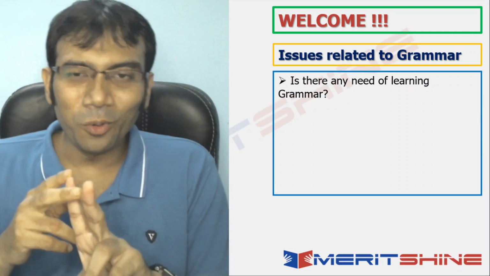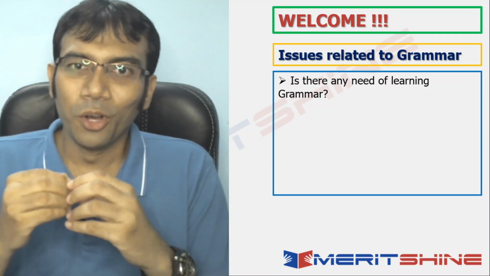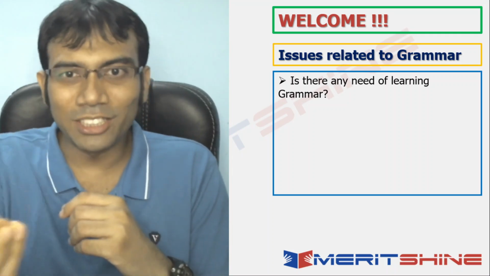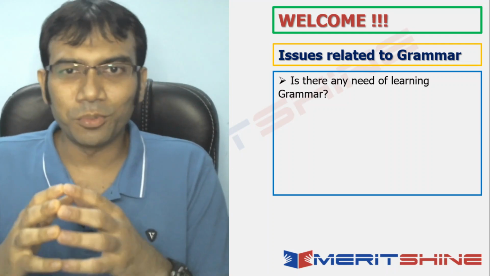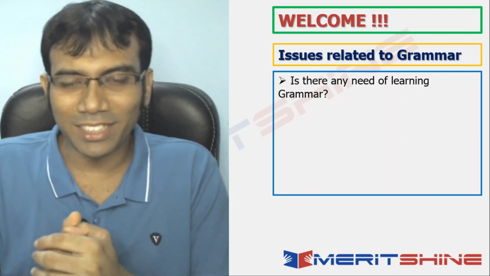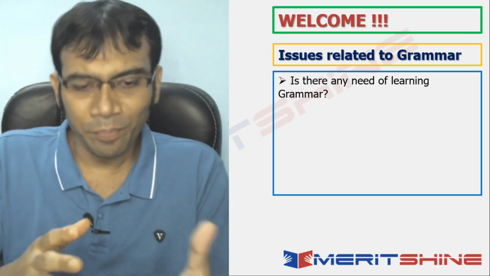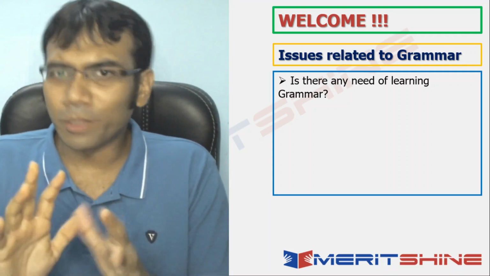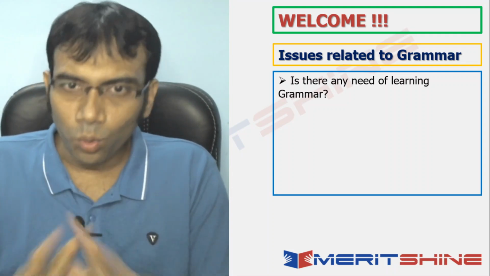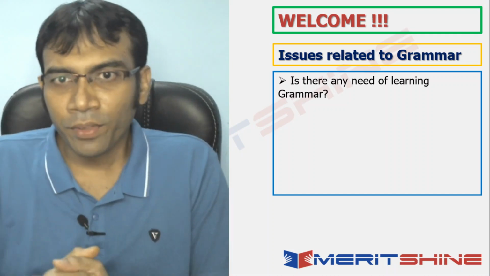Now there are two ways to look at this issue. There were two types of people who put this question forward in posts, whether it is in our Facebook group or in the YouTube comment section. One segment of students says, sir, I score on an average 50% in grammar without knowing any rules consciously, right?